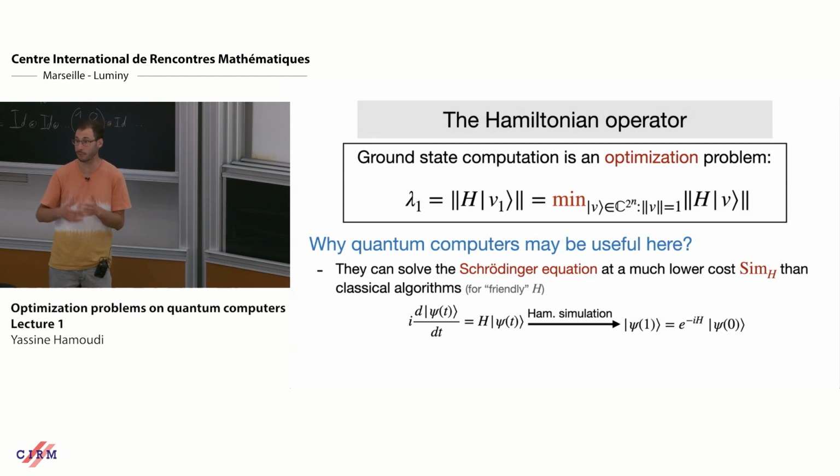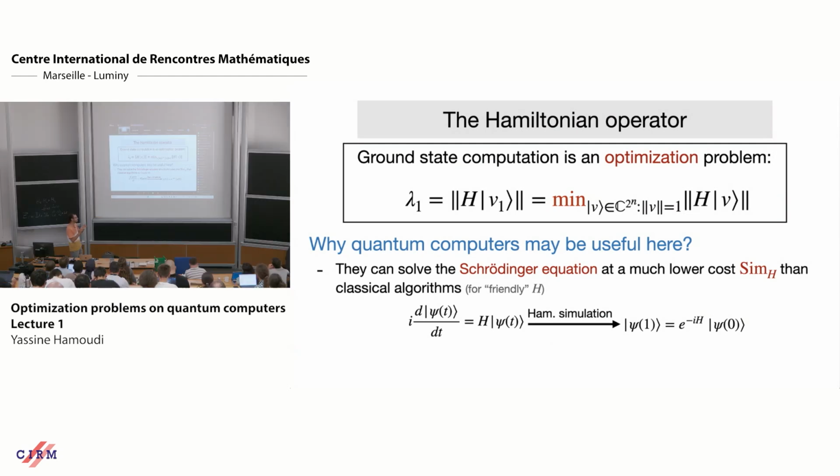But if you have a quantum computer, and if H is not too bad, then you can solve the Schrödinger equation and compute a state psi1 which corresponds to evolving the system for 1 unit of time.